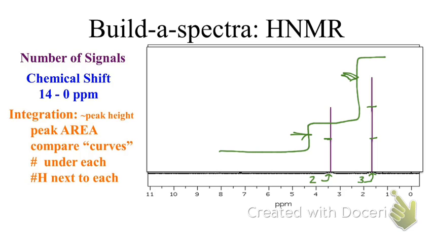The other place you can see it is exactly where we've got it written here. A number written underneath each peak. That's also going to represent your integration. The very last place that you can see it, which if you have Dr. Gould, I'm pretty sure this is how he shows it, you'll see 2H and you'll see 3H. What do you think that means?